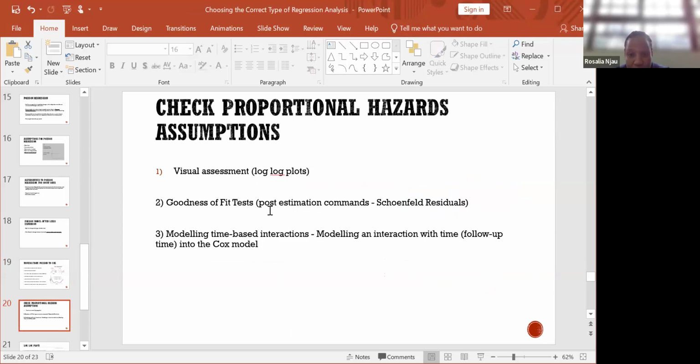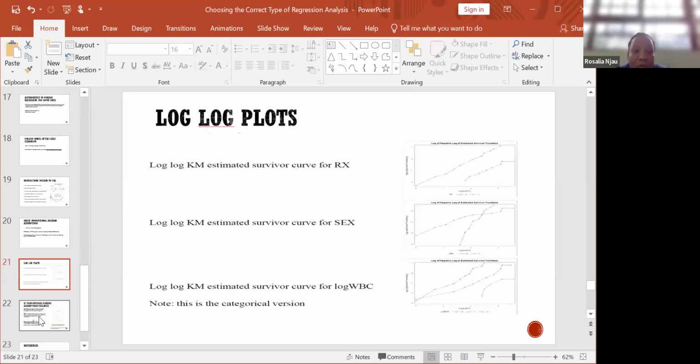This is a post-estimation command using the Schoenfeld residuals. And we can also do modeling time-based interactions, modeling an interaction with time, follow-up time, into the Cox model. So these are three ways in which we can know if really the assumption of proportional hazards is met so as to use the Cox regression model.